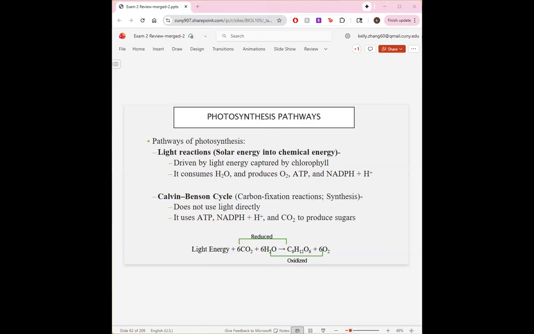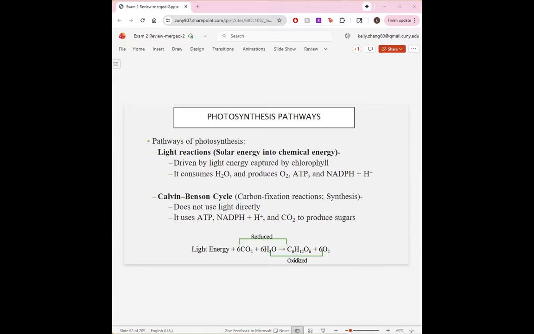This includes the non-cyclic and cyclic electron transport, and it consumes water and light, and it produces ATP, NADPH, and a proton, H+. That's the first major pathway.